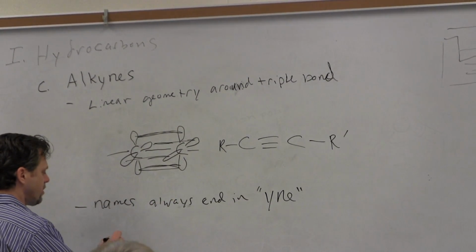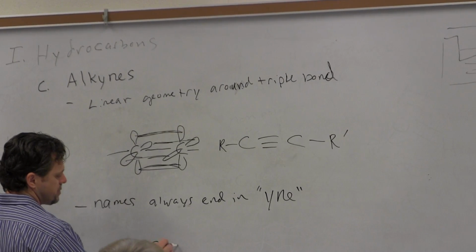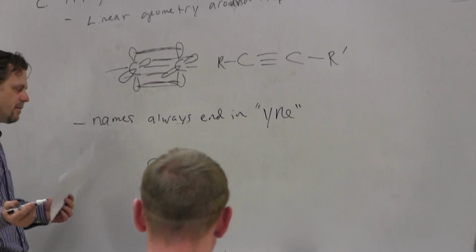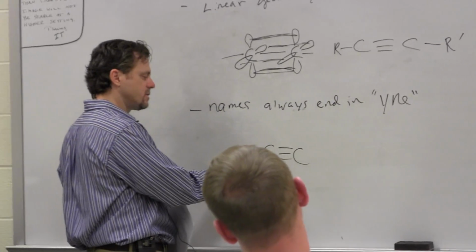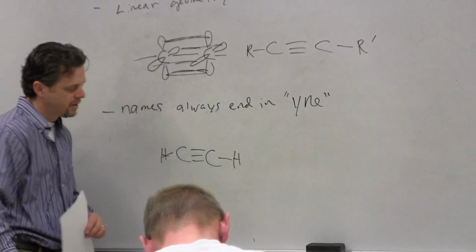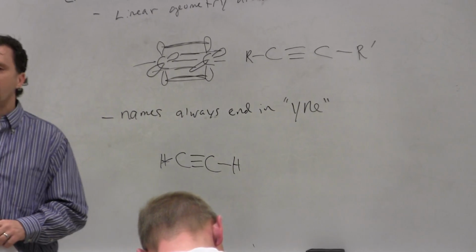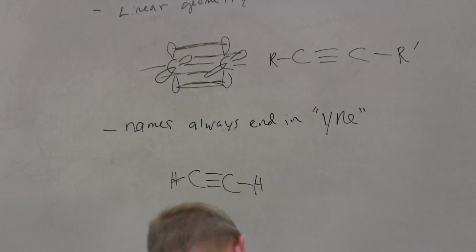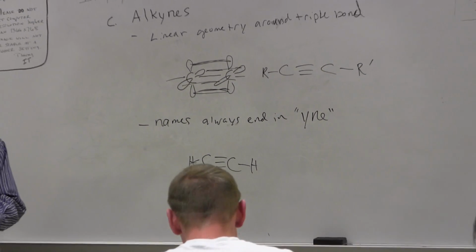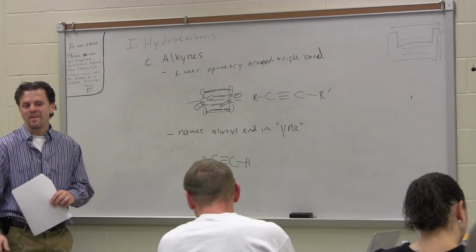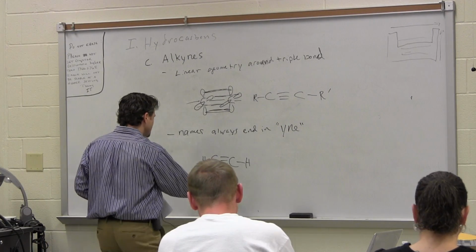The simplest of all the alkynes would be just basically C triple bond to another C. Now we've got 3 bonds accounted for, so we can only have 1 left going to hydrogen. And for non-chemistry majors, what would you call that? Ethyne.